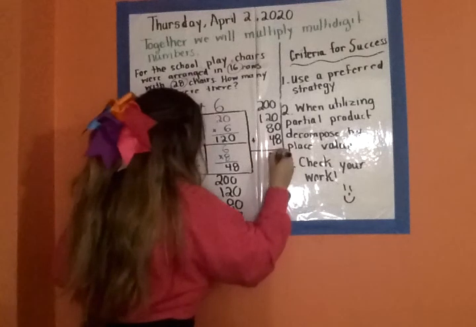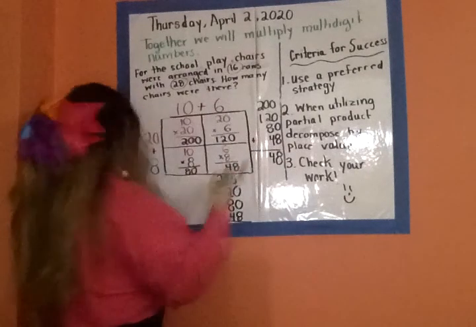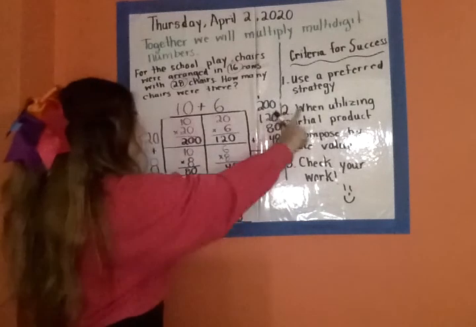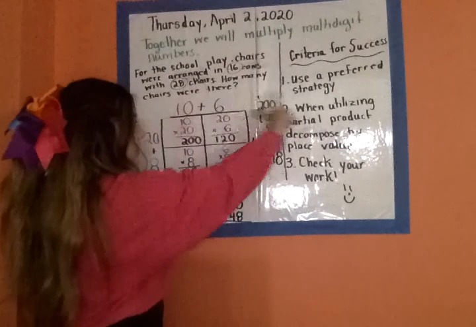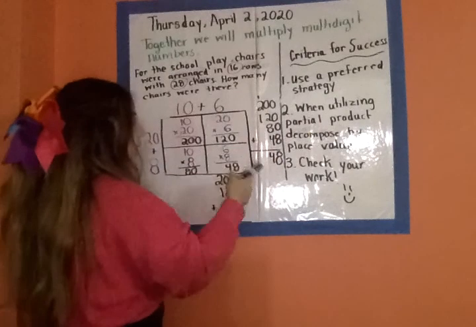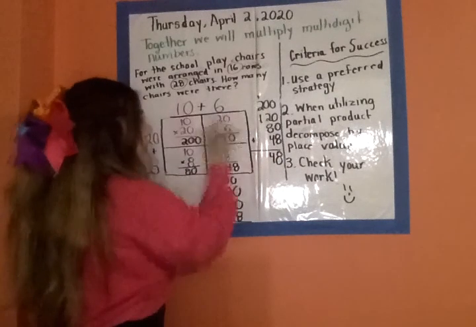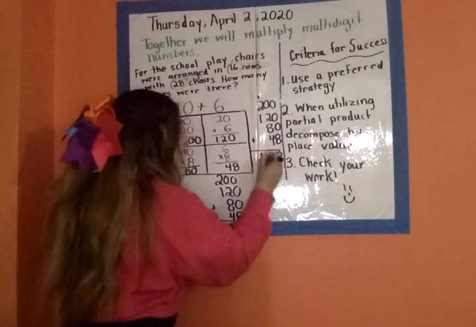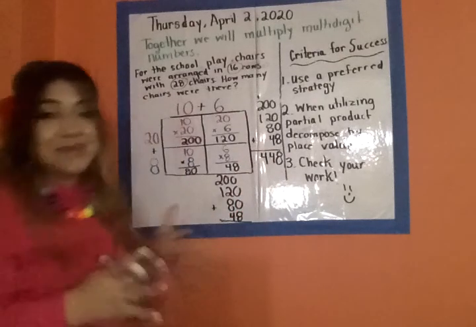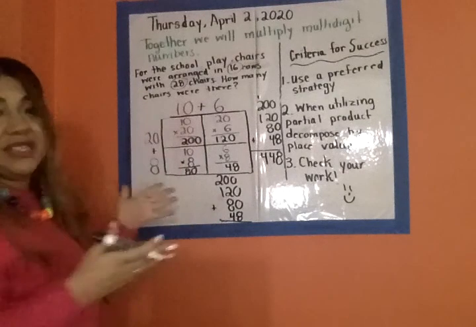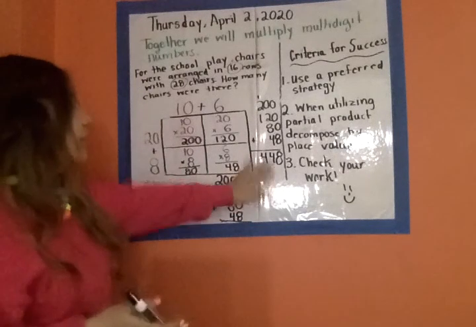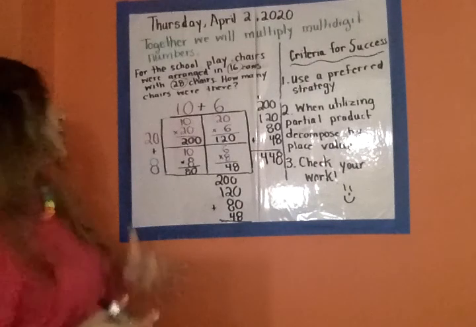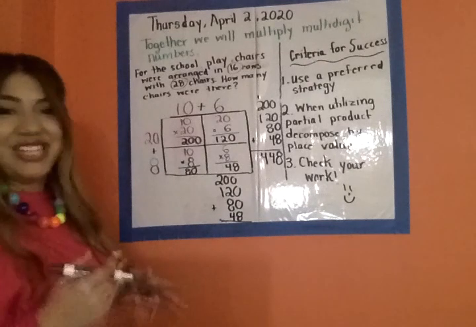I need to make sure I regroup into now the hundreds place column. So again, the values are 200 plus 100 plus another 100, or we can think of it as 2 plus 1 plus 1, which equals 4. Okay? So now it seems like we've arrived at our answer, right? We can now say, well, wait a minute. I follow the steps, and so the answer has to be 448 chairs.